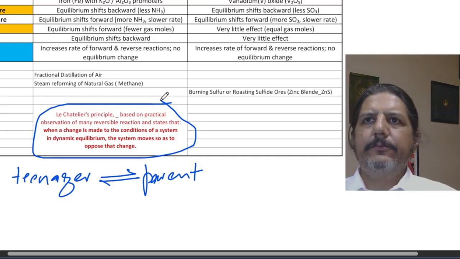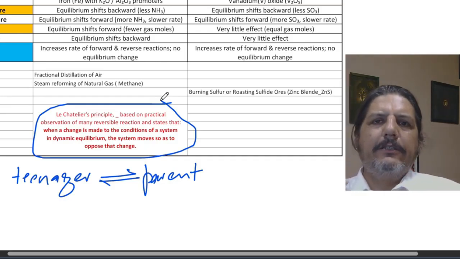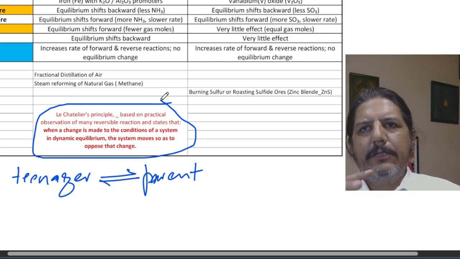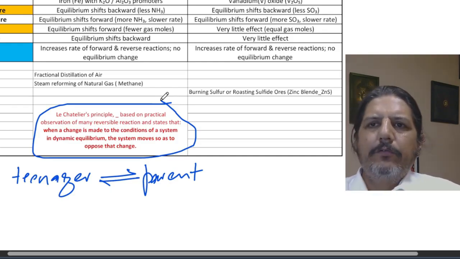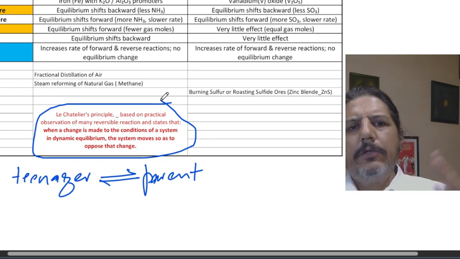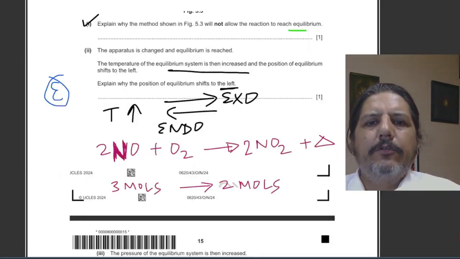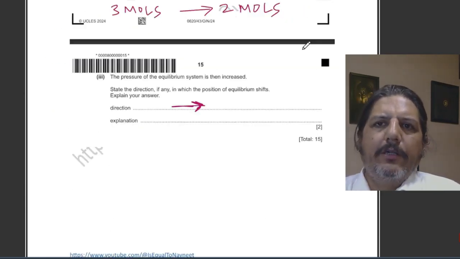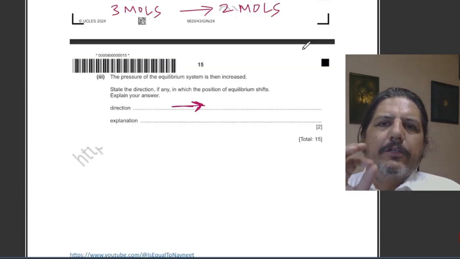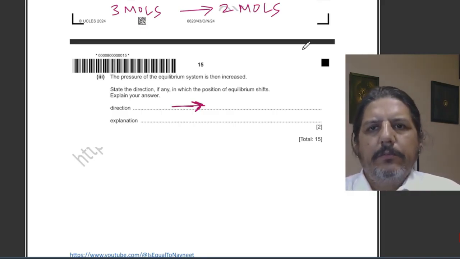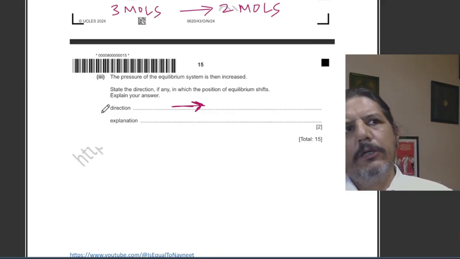If the parent says play, the teenager will start studying, and if the parent says you have to study, the teenager will start playing. A rough example to understand how Le Chatelier's principle is put in action. Try to get as thorough as possible with this concept, and the more previous year question papers you do, the more you'll understand.